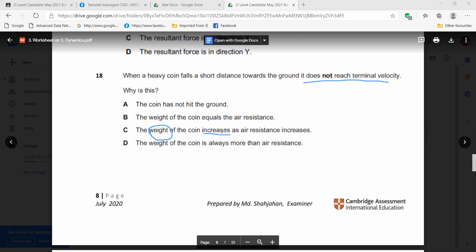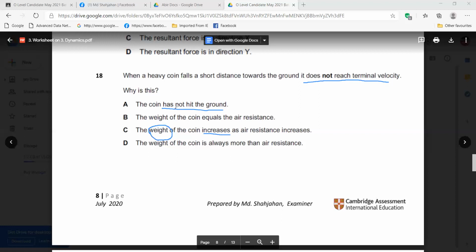Okay, weight is not changing. And you can say here the resultant force decreases. So here we got some other points. You see, the coin has not hit the ground. It's irrelevant information that still it's not reaching the terminal velocity.